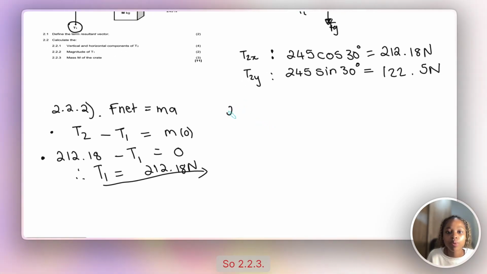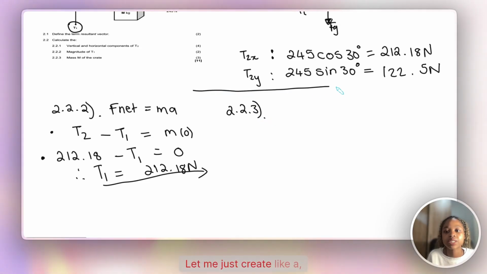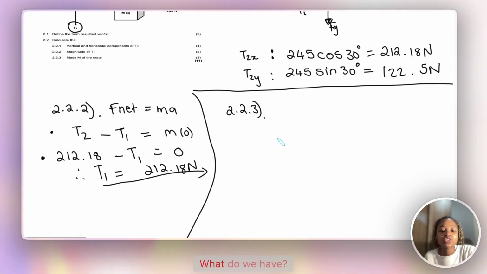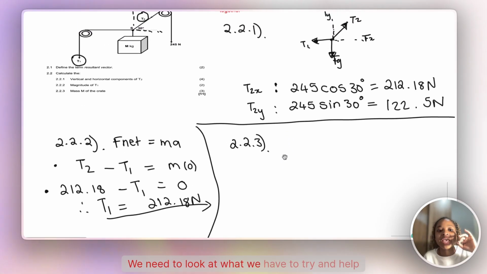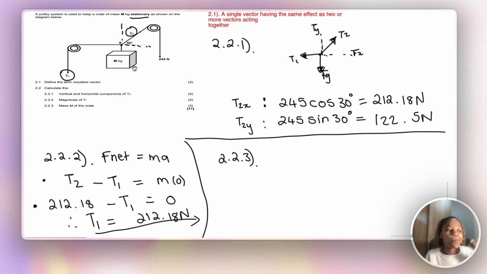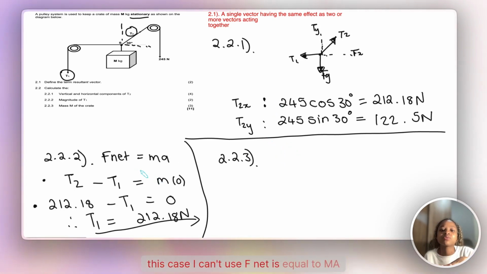So 2.2.3. We need to calculate the mass. Let me just create a block here. So we need to calculate the mass of the crate. What do we have? We need to look at what we have to try and help us. Okay, here's our mass. I can't use F net is equal to ma because my mass is going to be cancelled out by the 0 because there's no acceleration.